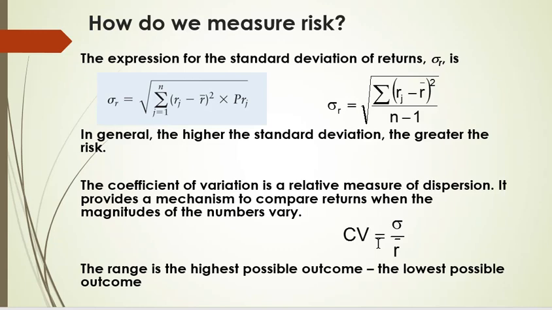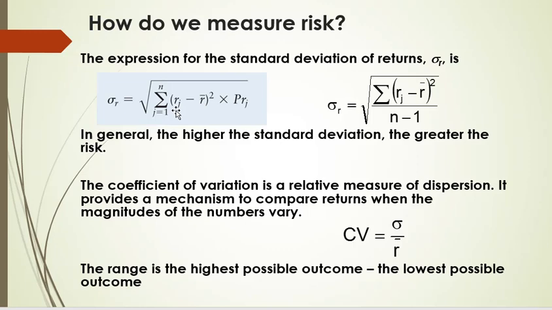To calculate statistics for risk, we are going to ultimately look at something referred to as standard deviation. Standard deviation is the square root of another statistic called variance. But if you look under this radical for the square root, you see our definition of risk is very plain. The expected return is the average. That's what you expect to get.